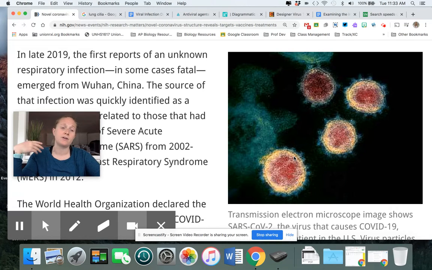And dengue has a very similar structure, and they have the same type of genome. But dengue virus and COVID-19 are very different in that they infect different cells, and they cause different disease because they infect different cells.